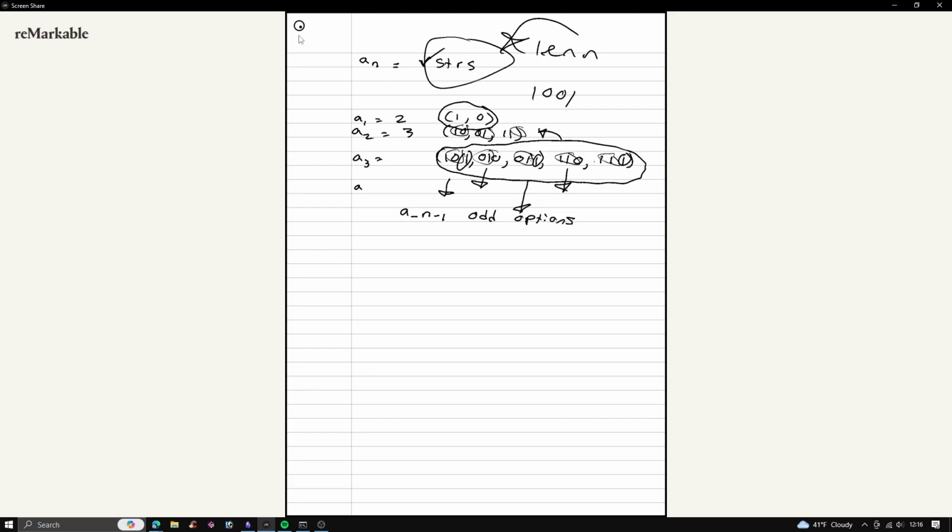So that means we just have to figure out how many ending in 0 there will be. And this is actually very doable, because let's get rid of some of these markings. If we look at A2 to A3, you might notice something.